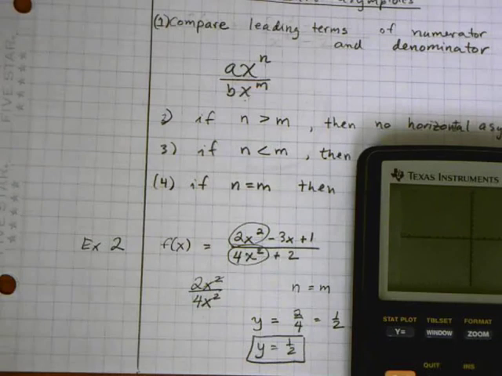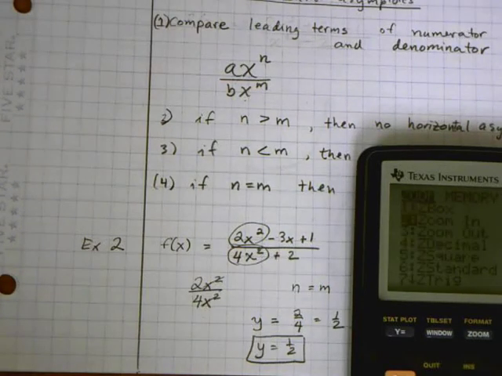And I'm going to graph that. And I'm actually going to zoom in just a little bit because the graph is very small. So I'm going to go to zoom in, and I'm going to zoom in right at 0, 0.